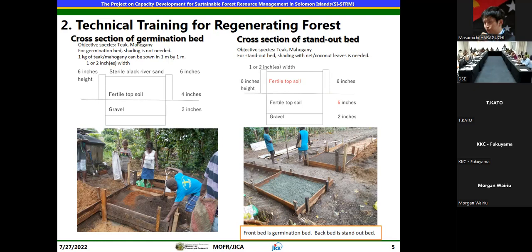This is an example, an actual demonstration of a germination bed done by resource owners here. So this one is a cross section of a standard bed. Its objective is also for teak and mahogany.